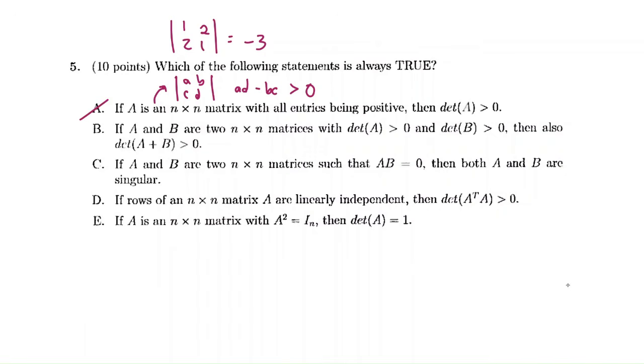The other is that if A and B are two n by n matrices with the determinant of A and determinant of B being greater than 0, then the determinant of A plus B is greater than 0. I think coming up with counterexamples is a good way to test things out.